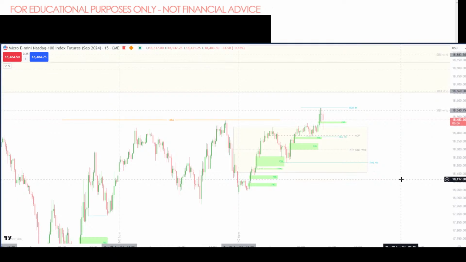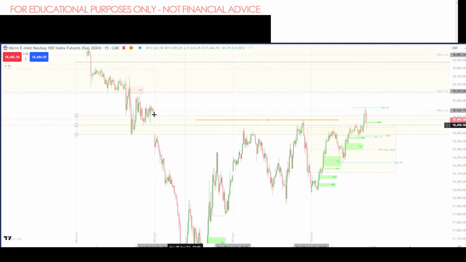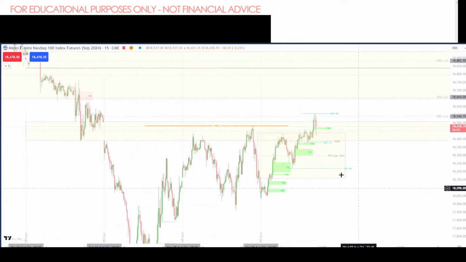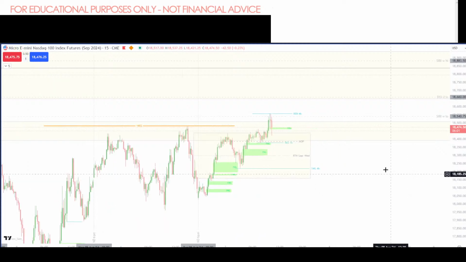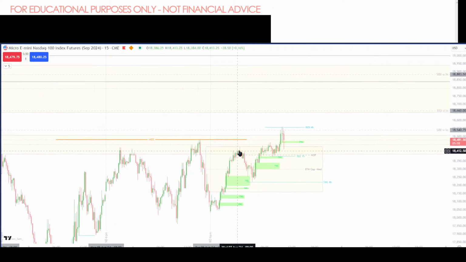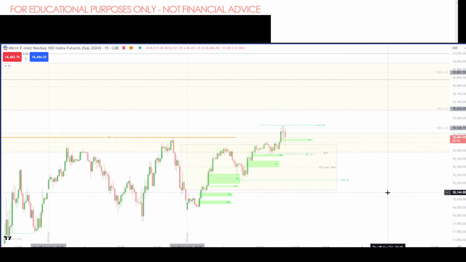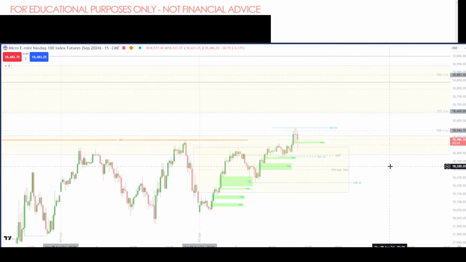Oh, actually, wait a second. Because we did the new week opening gap, we went through it. We might come back through it, just trying to reduce busyness on the chart at the same time. Could be worth seeing. My question is, are we going to see a curling back up to these relatively equal highs, right? That's the kind of trade that I'm looking for.